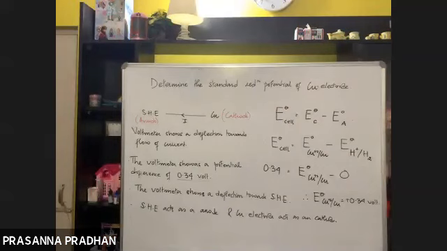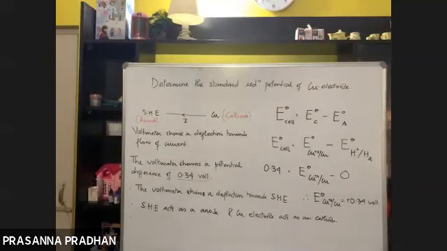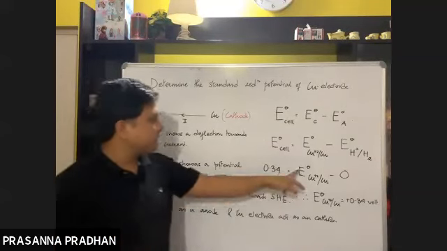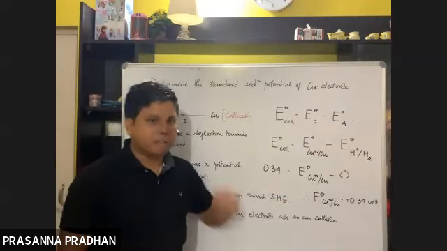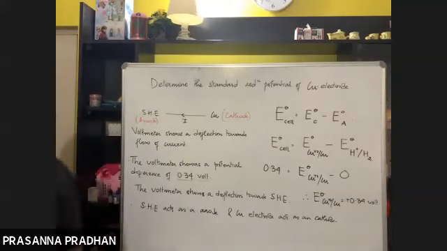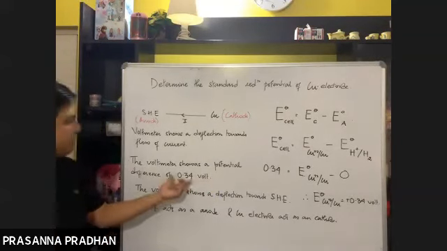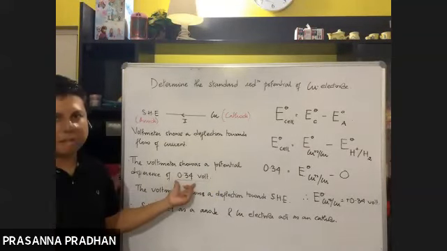So now we have an idea how we measure the standard reduction potentials of all the electrodes by coupling with a reference electrode. And for your exam purpose, you need to remember the procedure and the values for zinc electrode and copper electrode.